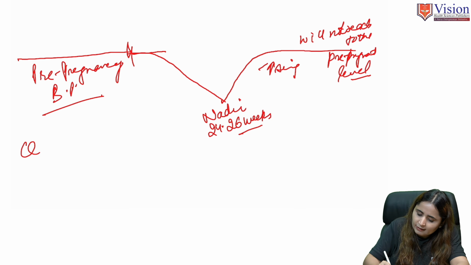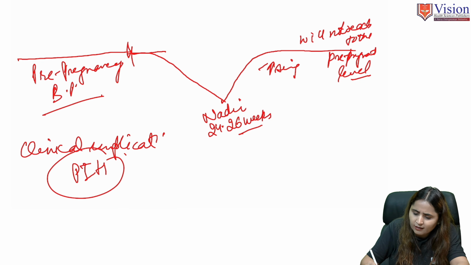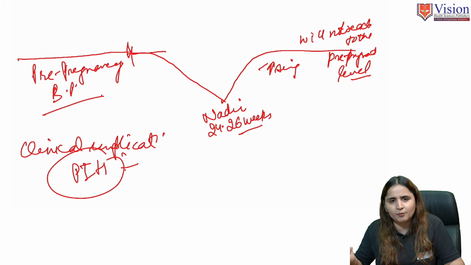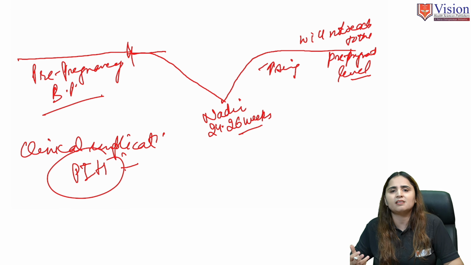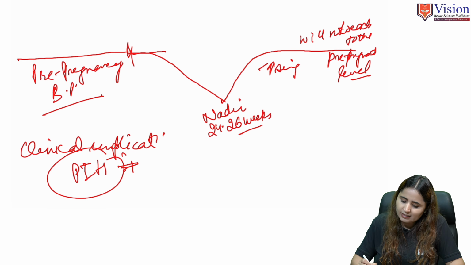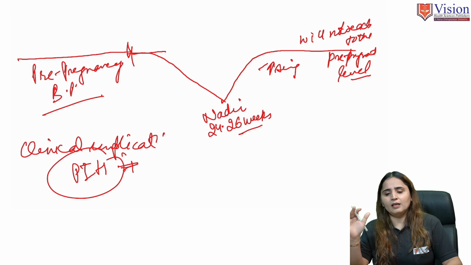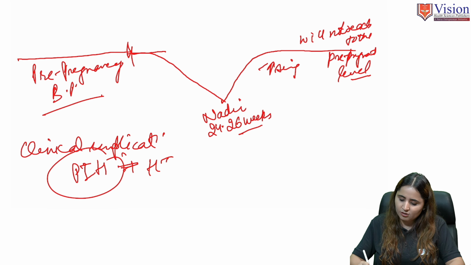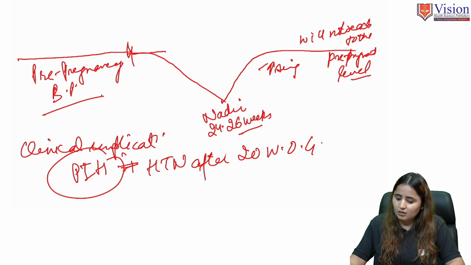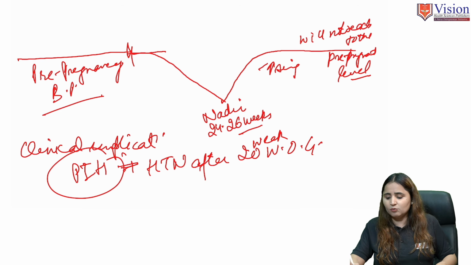Another clinical implication related to this is pregnancy-induced hypertension. Very soon we are going to discuss this abnormality of pregnancy. We say that pregnancy-induced hypertension is hypertension which happens after 20 weeks of gestation. जो 20 weeks के बाद होगी उसको हम बोलते हैं pregnancy induced hypertension.